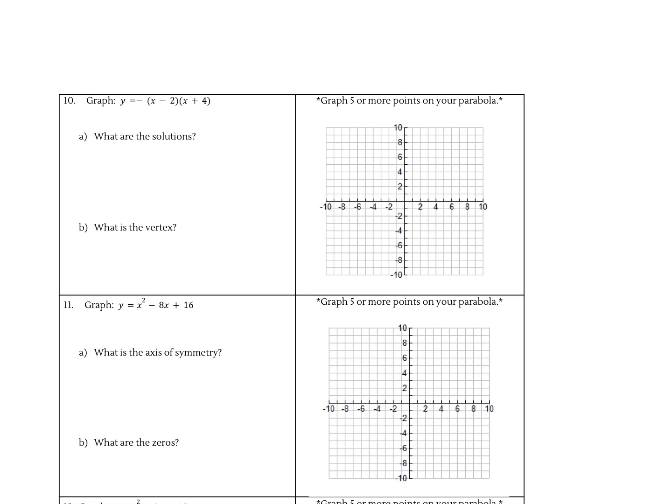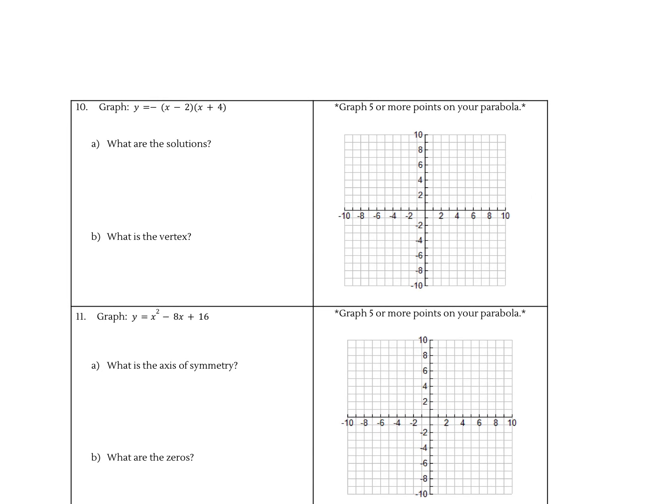All right, so we're looking here to be able to graph. If I look at this, first thing I notice is that I have a negative here, so I do know that this is going to be open down. If I look at this, I'm in factored form, and so I can very easily find my solutions, intercepts, zeros.